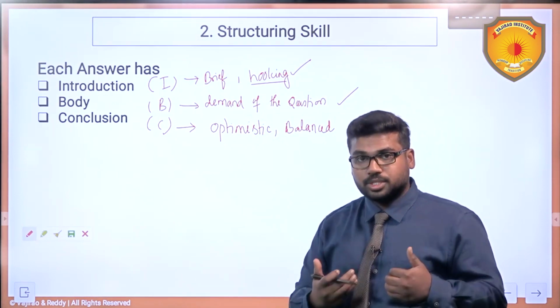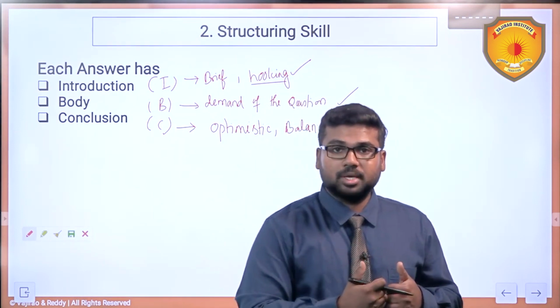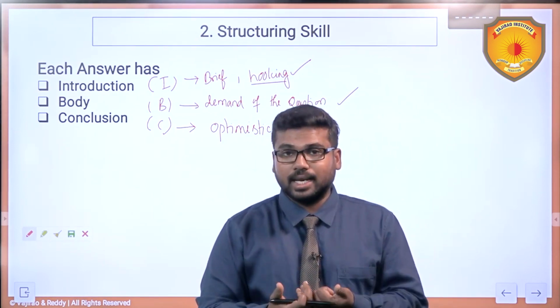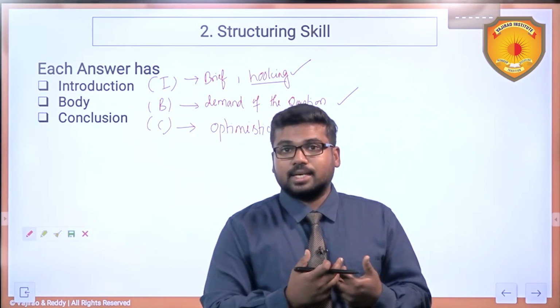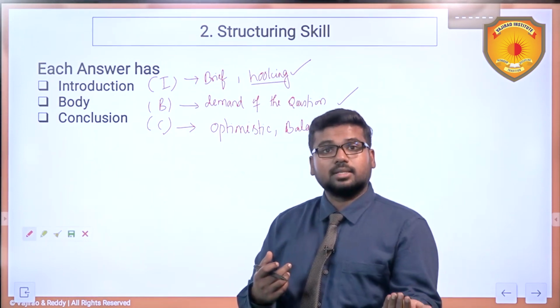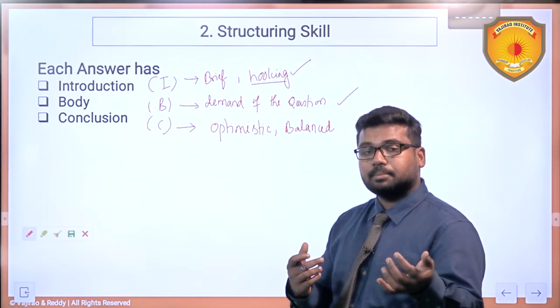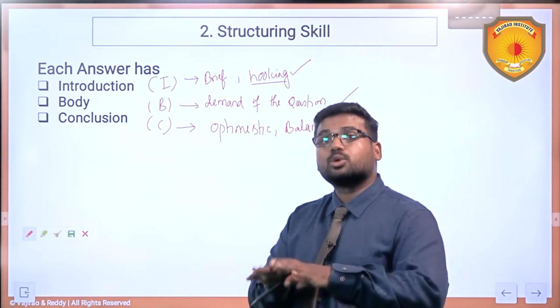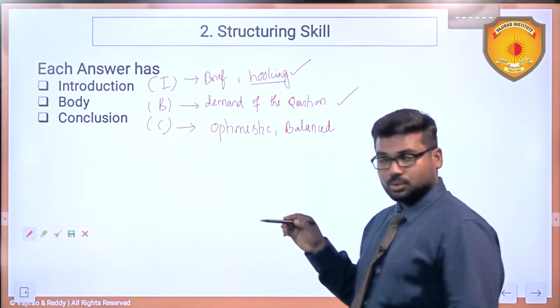In your conclusions, the civil services values that we study in the ethics paper and follow in real life must be shown. The neutrality, non-partisanship, unbiasedness, and the spirit of civil services can all be shown through your conclusions, the inherent qualities that you have. That's how we should conclude.